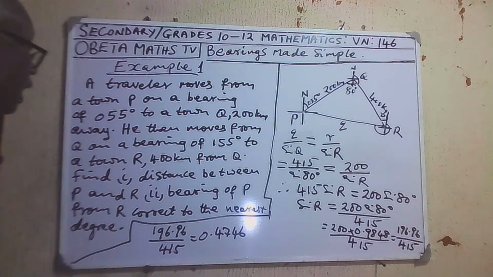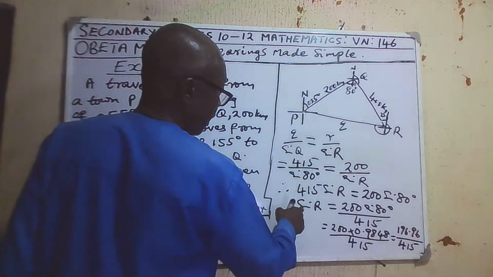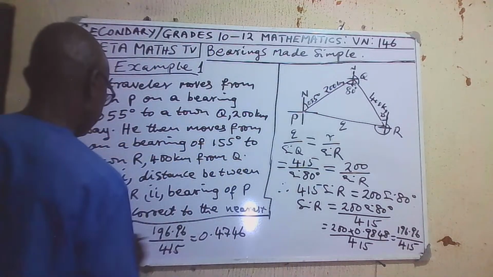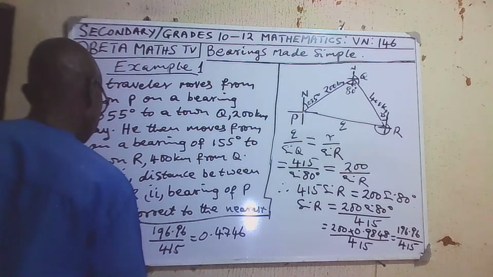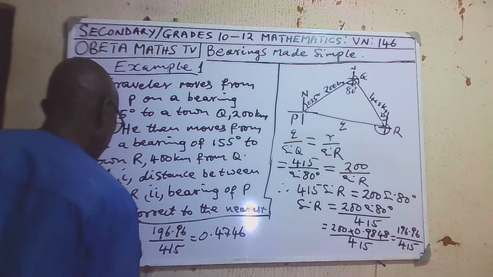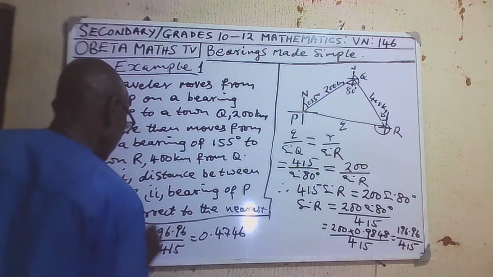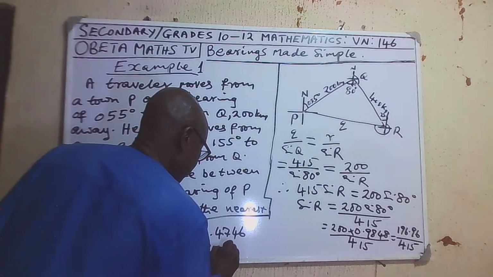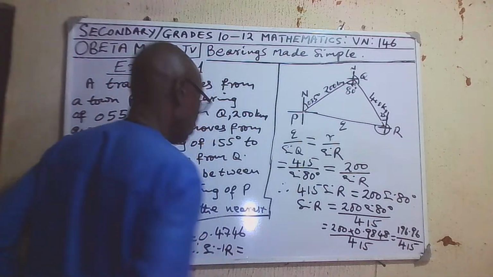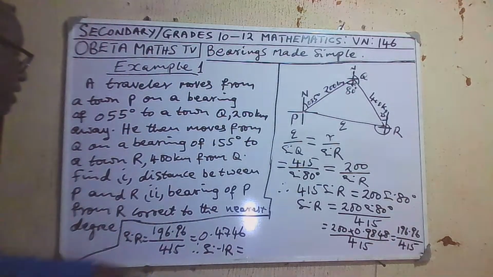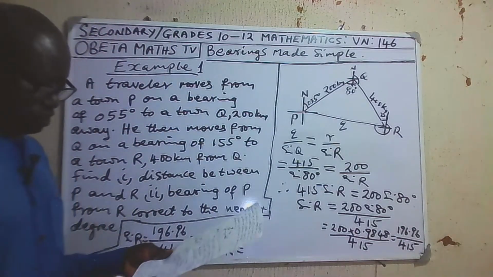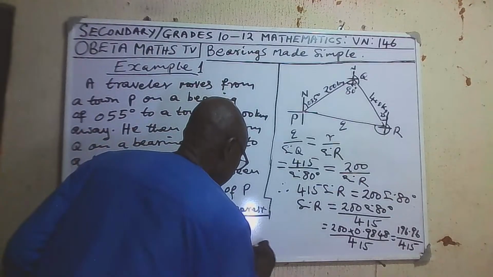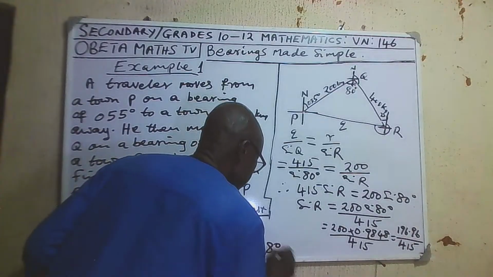Now, it then means that, remember, this is sine R that is now giving us this. So we say that sine R is equal to this. Therefore, R is equal to the inverse sine of it. Use your calculator to find the particular angle, and that will give us approximately 28 degrees.